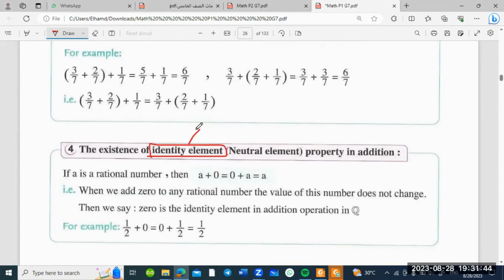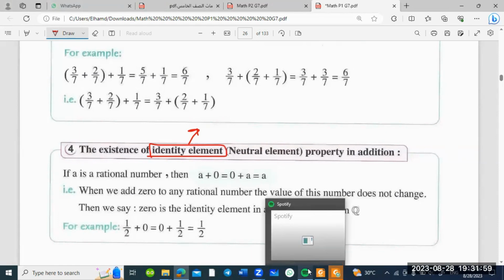It's easier to say it identity element. The identity element in addition in the rational number set is 0. Why is it called the identity element? Because, as you know, when you add any number to 0, it doesn't change anything from the value of the number.